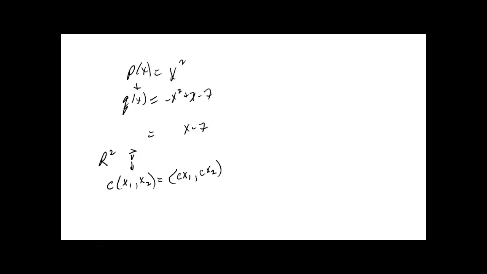Here's another definition you could have. Why would you do it? I have no idea. But c times (x1, x2), define that to be (cx1, 0). Now that's a weird definition, but it is a definition. That would be fine.